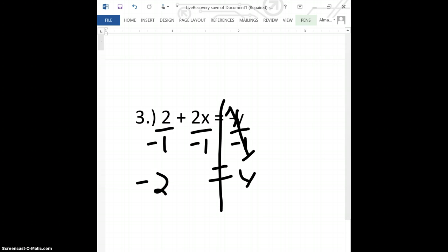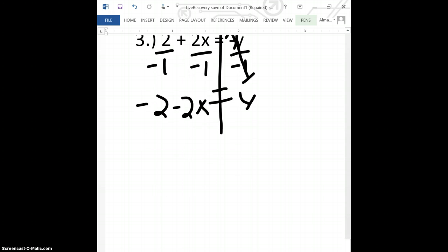And that's also negative 2x. Now again, I'm going to rewrite this to make it look like y equals mx plus b. So I'm just going to say y equals negative 2x, because I have a minus 2x, minus 2, because I have a negative 2. And that is my answer.